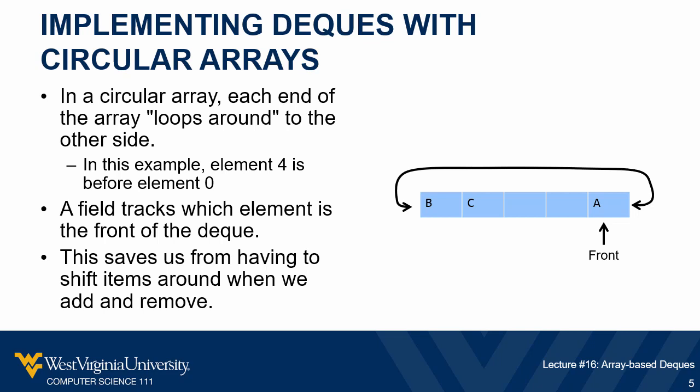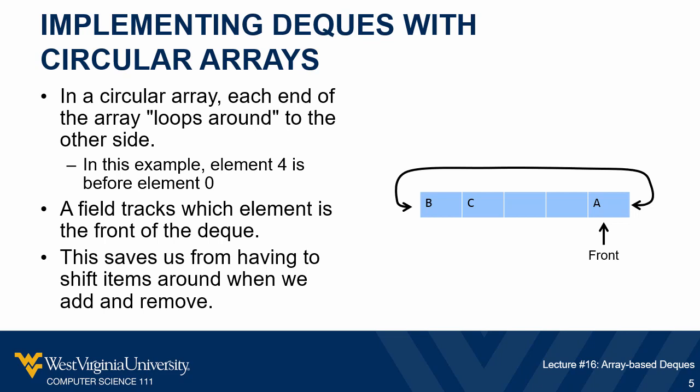So here, we're keeping track of our front index at A as being in element 4, and then we can keep track of the size as we've been doing, so we know where the rear is, basically by taking the front, plus however many positions come after that. So our rear here is still going to be C. We'll just have some empty elements between the front and the rear.